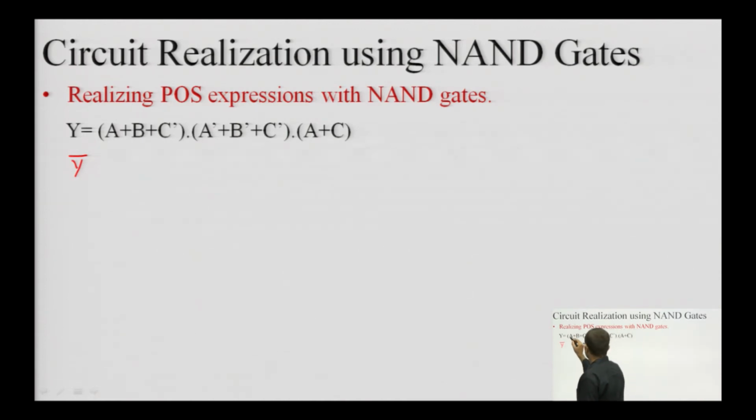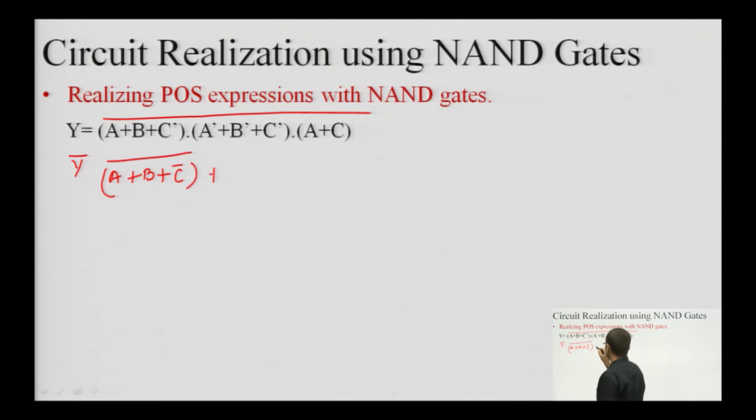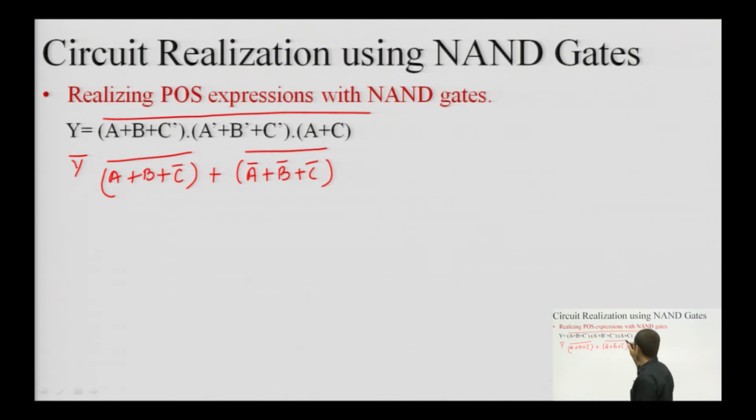So, I am complementing this, that means, I will be getting A plus B plus C complement whole complement, this dot will change to plus, then again A complement plus B complement plus C complement whole complement, again this dot will change to plus, and there will be A complement plus C complement whole complement.